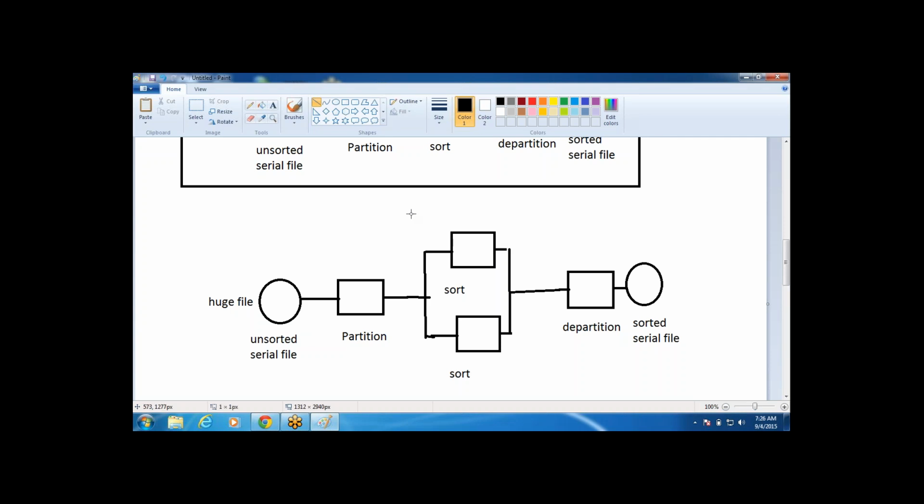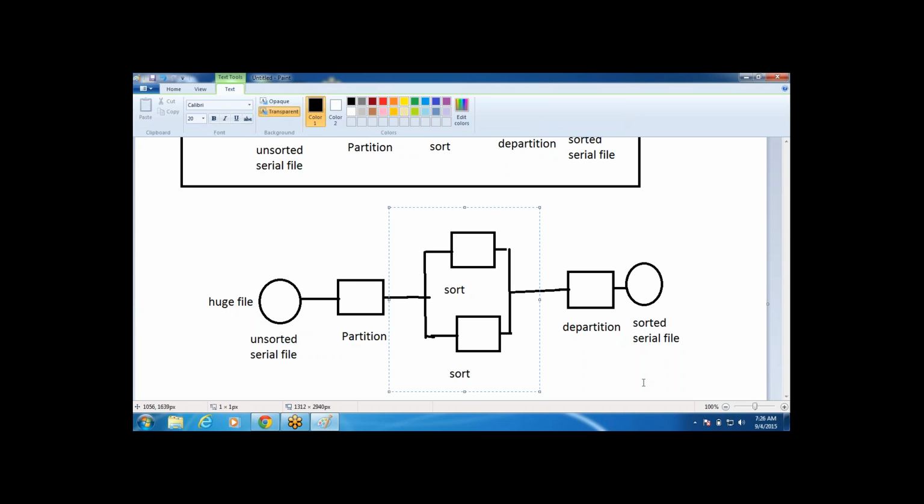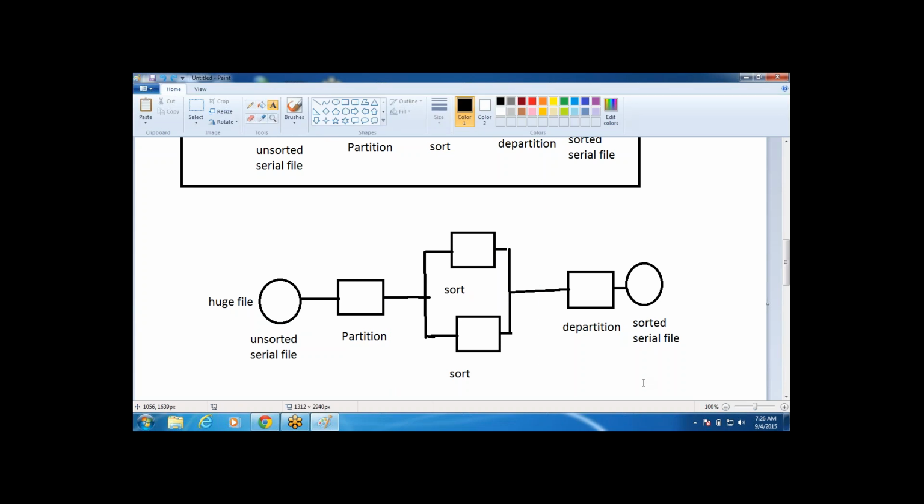So this is how internally the component works on two of the partitions. Then once the data has been sorted, I need to make it into a serial file. If it is a multifile, we can directly connect it to the output file.